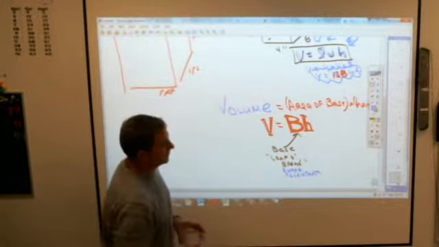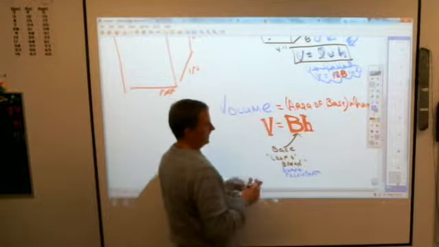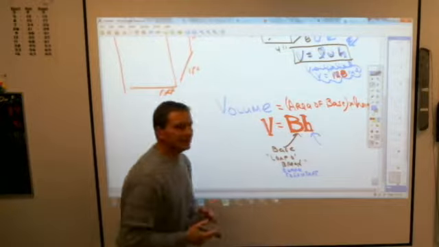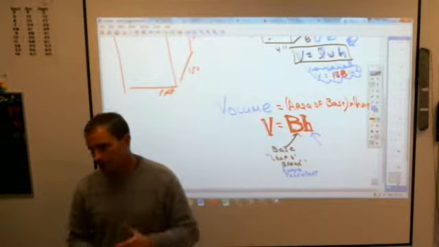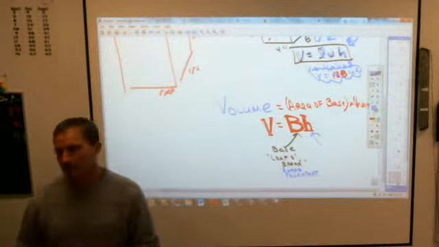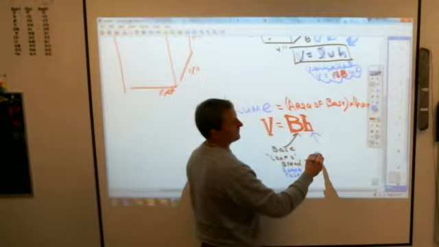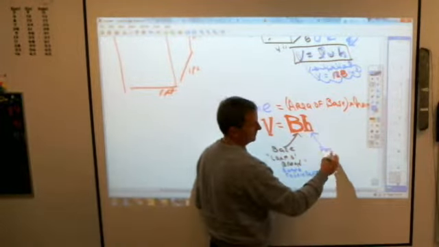And then the height, children. Everybody always thinks about the height as how tall something stands, but that's not always the case depending on what the shape is sitting on. The height is always perpendicular to the base.